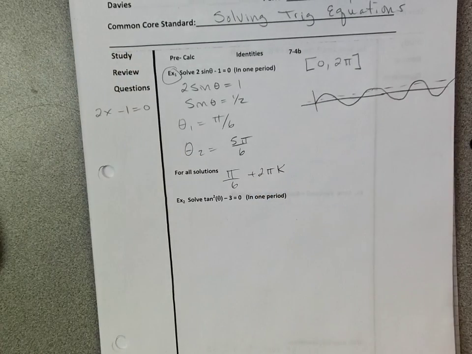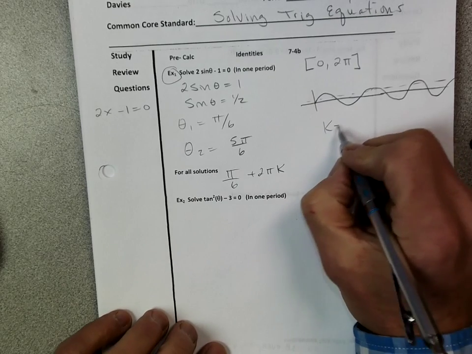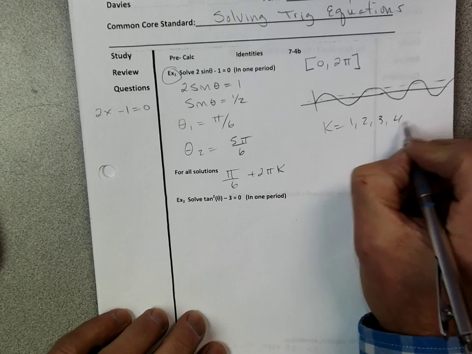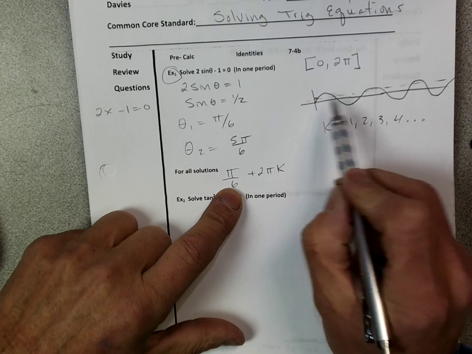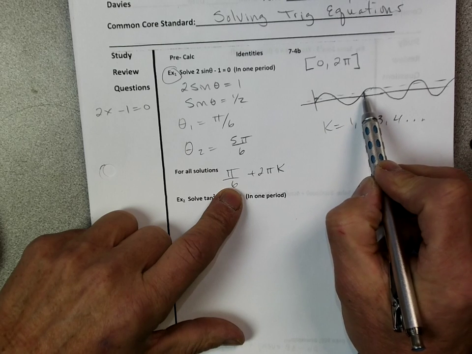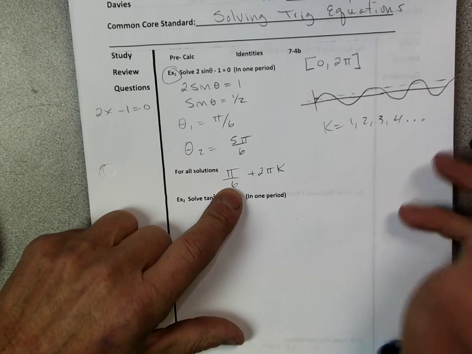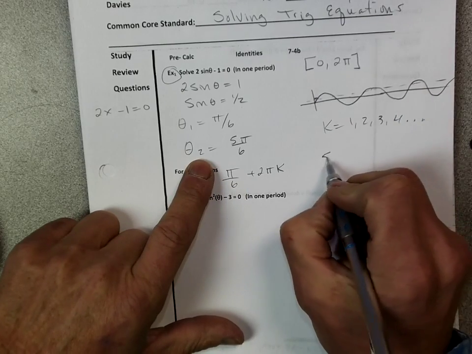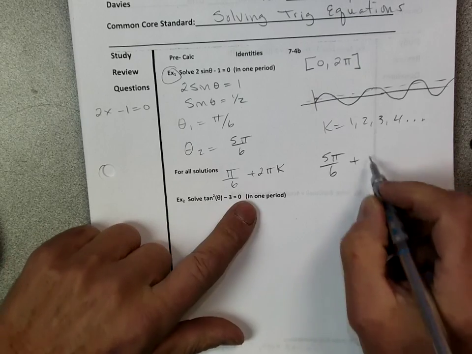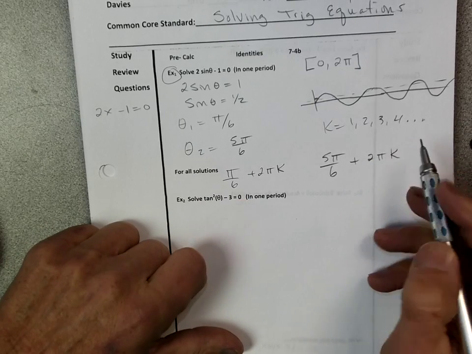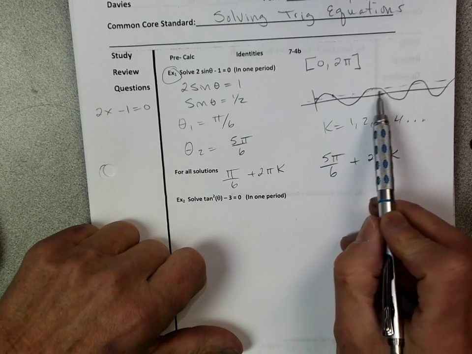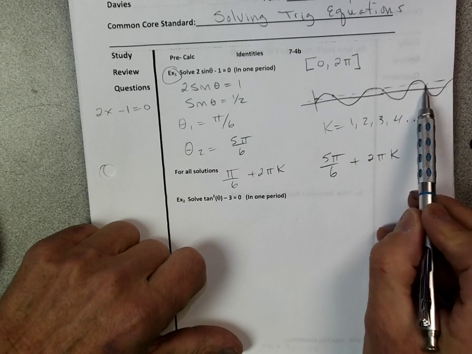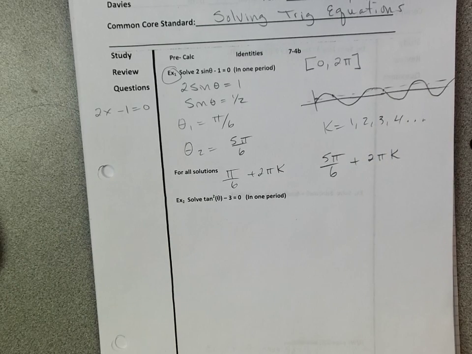The k represents the numbers 1, 2, 3, 4, and so on. This gives us the first answer here, pi/6, then another answer here, and another here, and so forth. But we also have 5 pi/6 plus 2 pi k. So here are our 5 pi/6s, then another answer here, and another here, and so forth. How's that? Not bad?